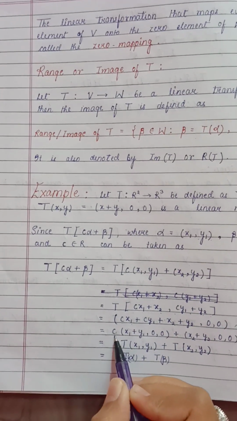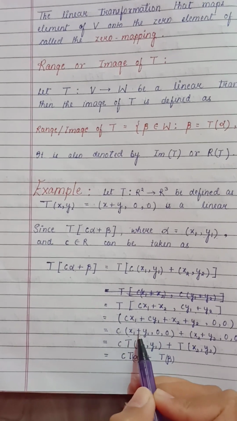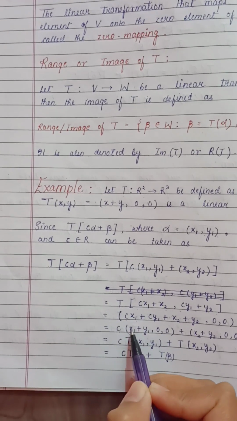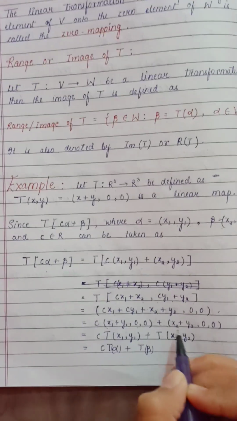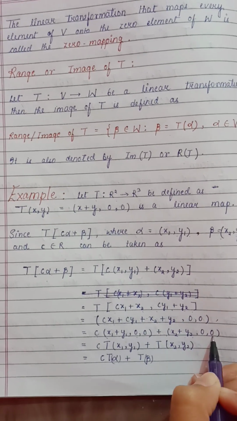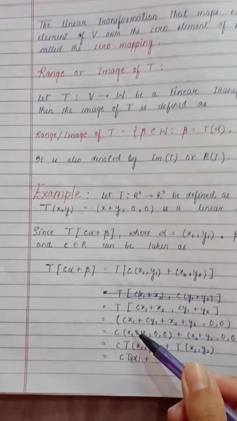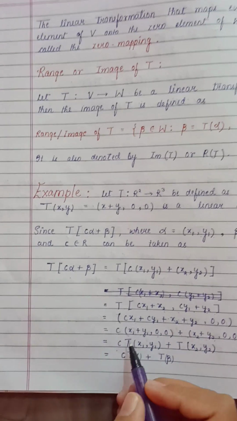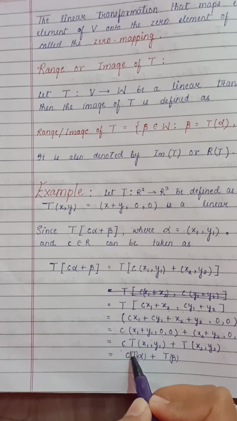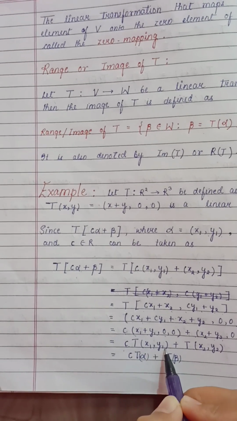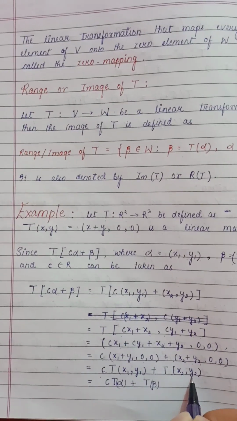In the next step, we can also write this as c times (x1 plus y1, 0) plus (x2 plus y2, 0). Converting back into transformation, this is c times T(x1, y1) plus T(x2, y2).